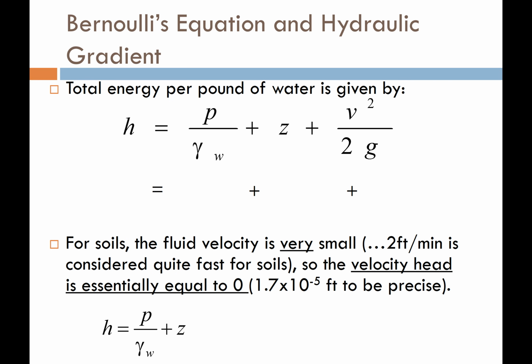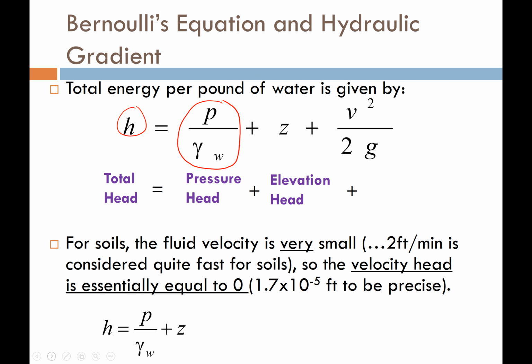So if I have any amount of water at all, any body of water, we can look at water in terms of energy. And we know that the total amount of energy that water has, we can call that its total head, and that's equal to H. Then we know that the total head, or the total energy in water, is a summation of the portion of energy due to pressure, due to the elevation or height of the water, and due to the velocity of the water, if it's flowing or moving at all.